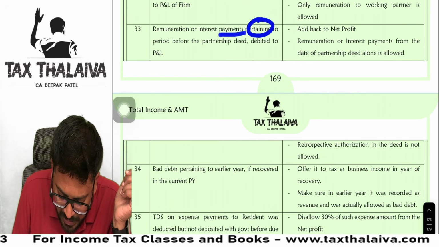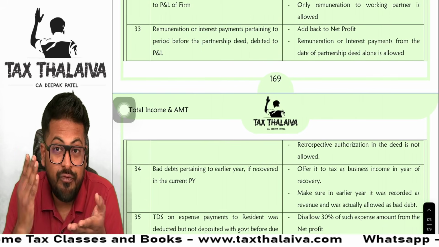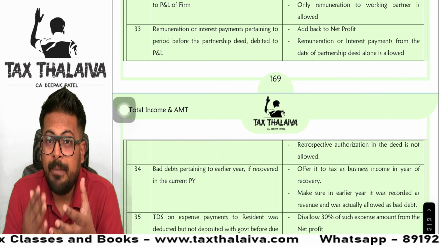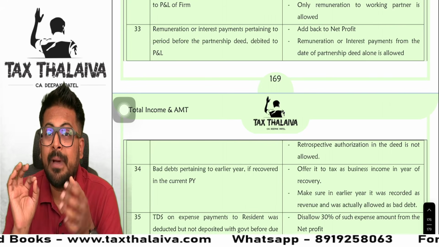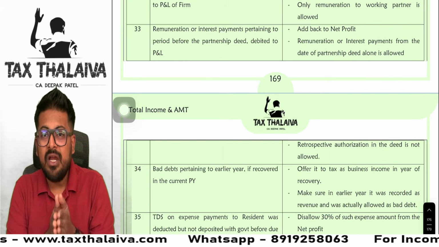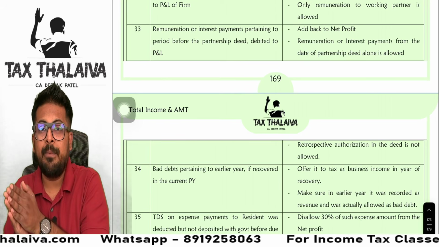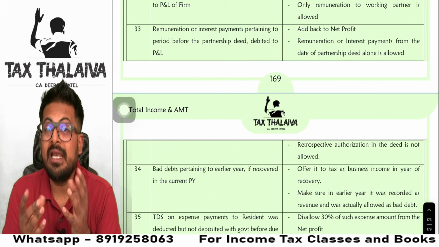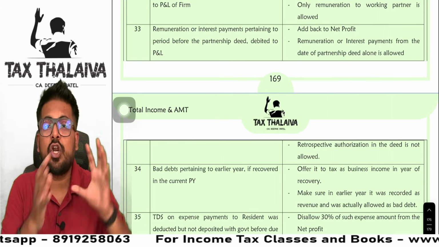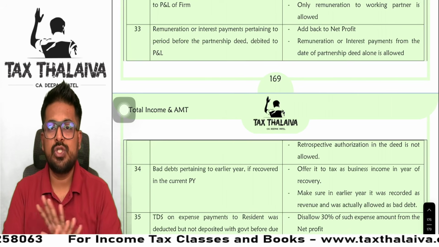Remuneration or interest payments pertaining to period before the partnership deed. Guys, if you remember section 40B, it says that whatever payment of remuneration or interest is there, it has to be authorized by the partnership deed. If you made the deed later on and you want to authorize the payments before the deed making date, it is not possible. Even if the deed retrospectively gives the authority to make the payment, still it is not allowed.